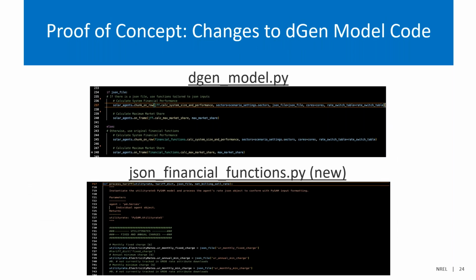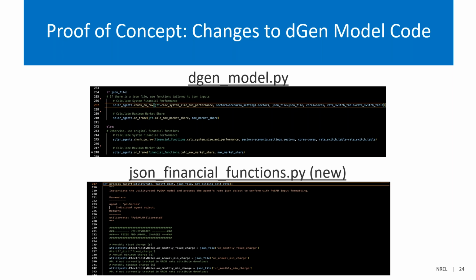So currently, the way that we've been able to implement this is by making a couple of little updates to the actual dgen_model.py file, this is the file that our users are really interacting with the most. It's really just a simple switch of having the model look for a JSON file input, and if it's not there, it'll default back to the hard-coded values.